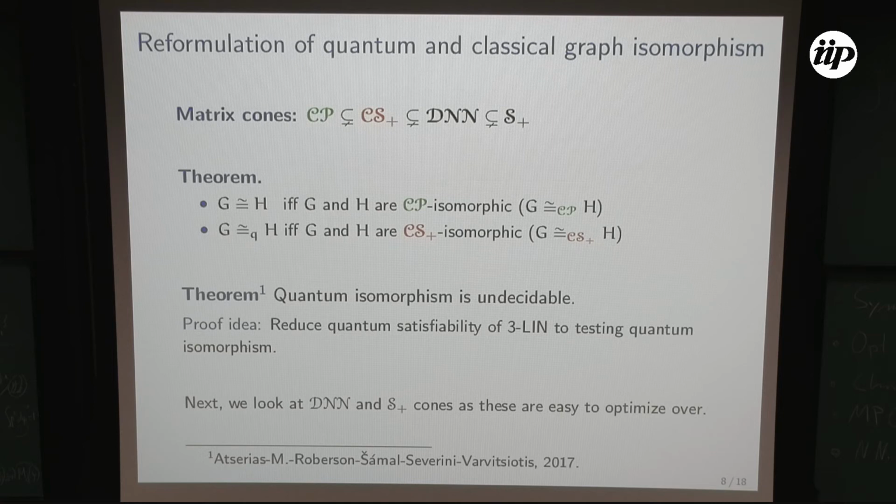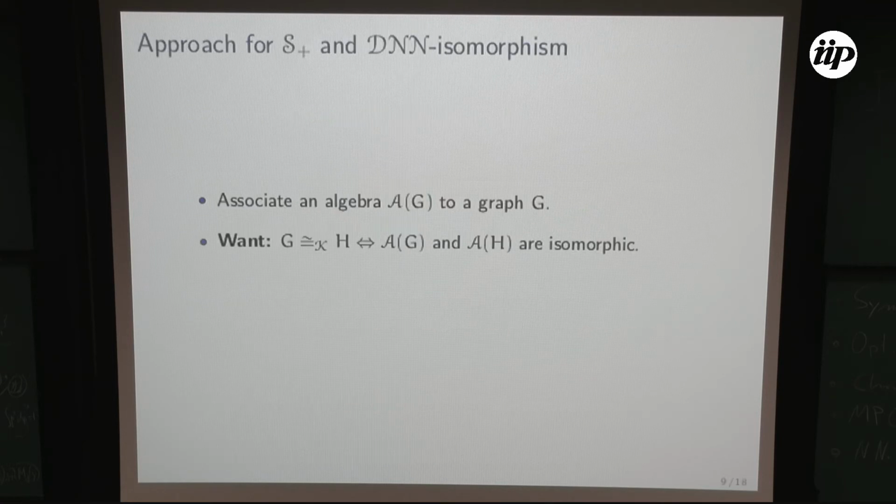Okay, so now let's take a look at this DNN isomorphism. The basic idea for these cones is the following. We take our graph G and associate some special kind of algebra to it.